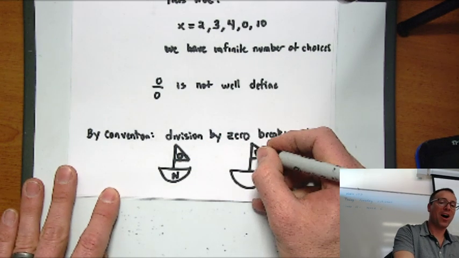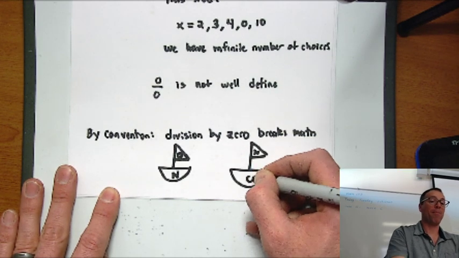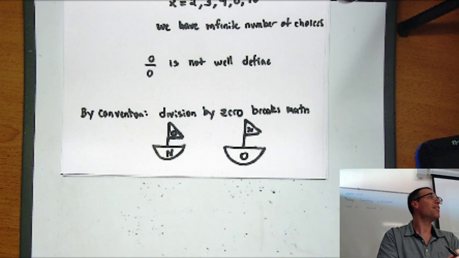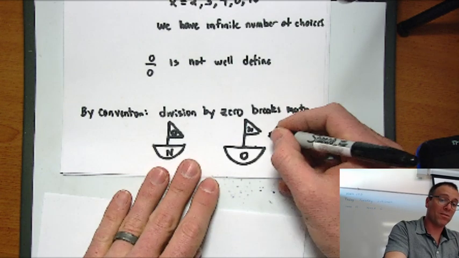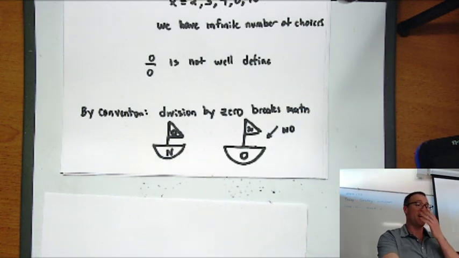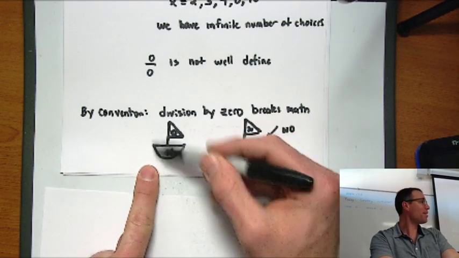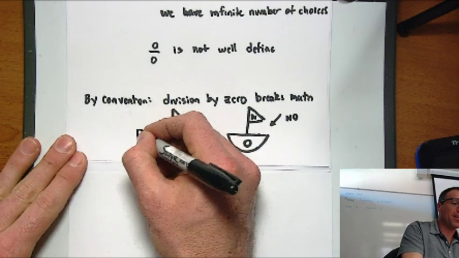But if I have any number in my sail and a 0 in my boat, what happens? I have a hole in my boat. So this is no. That's really clever.